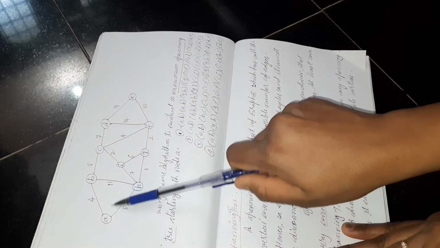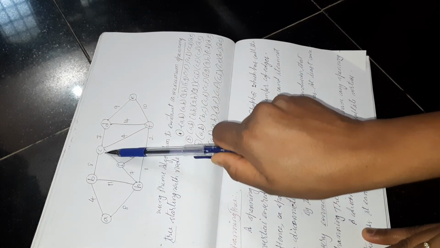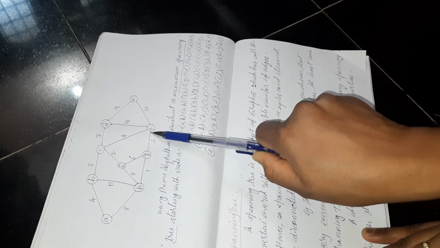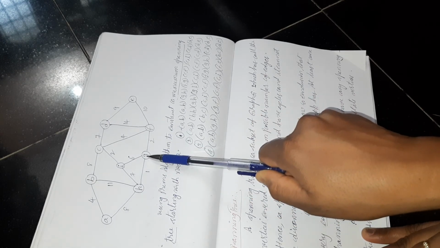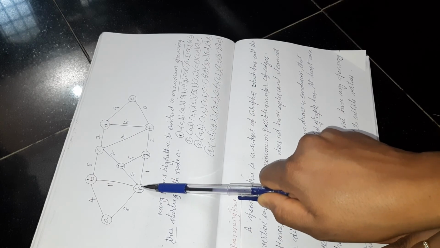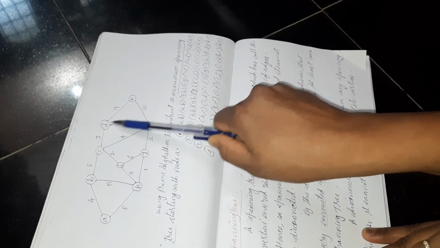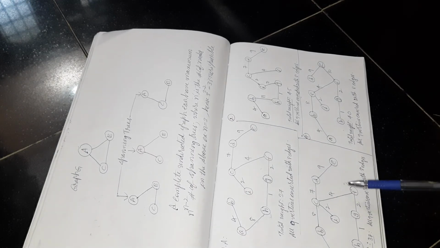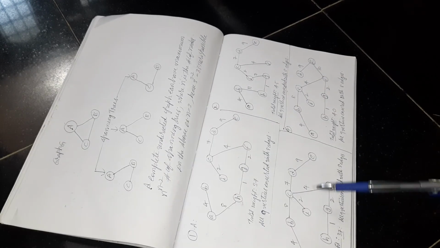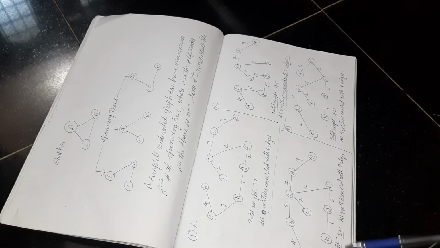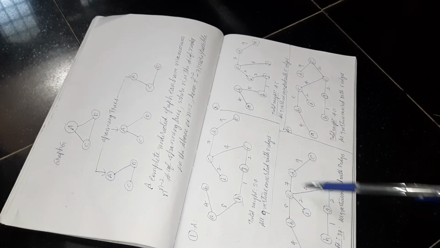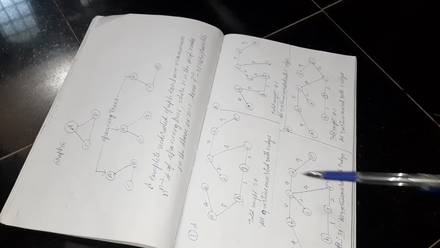First it is given AB, BC, CI and CF, FG, GH, CD, DE. From this also we got the total weight of the spanning tree as 37. The first option and third option have the same weight, 37.